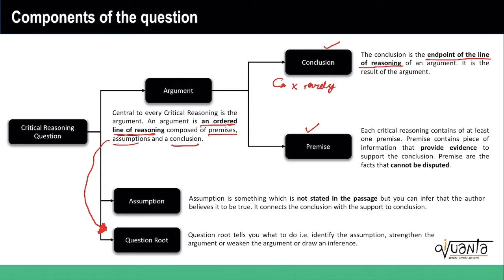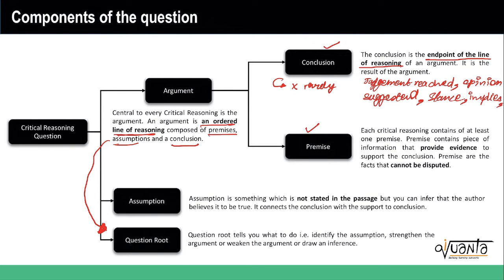How to identify a conclusion? Well, conclusion is normally suggested by words like judgment reached, right? Or he will say things like, in my opinion, it is suggested, or the stance taken by so and so is this, a stance taken by me is this, or it implies, right?